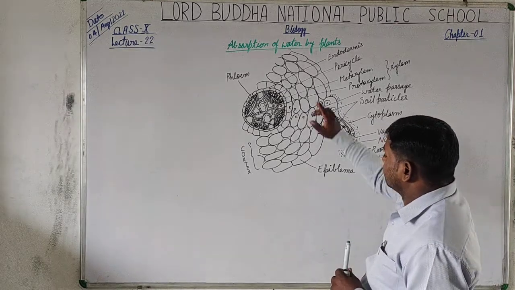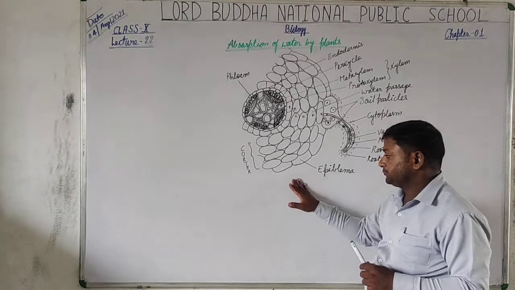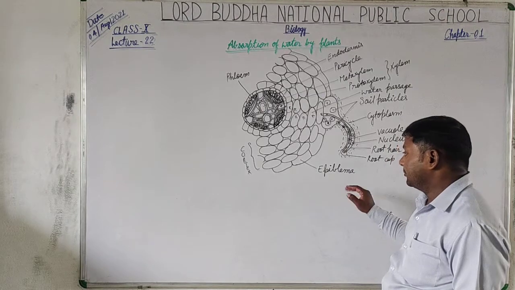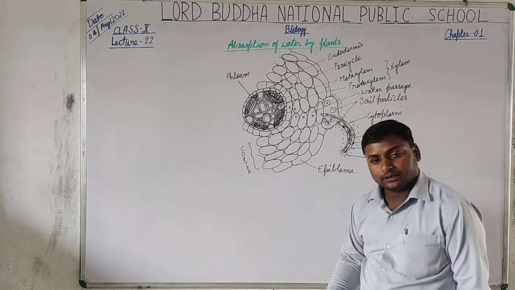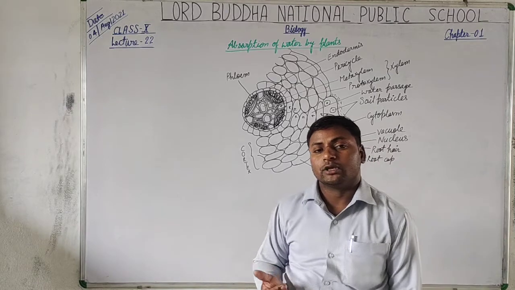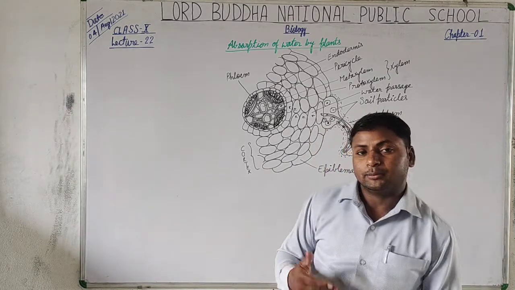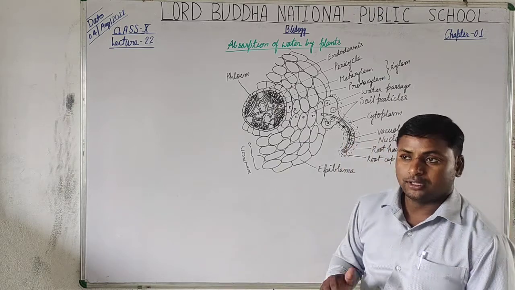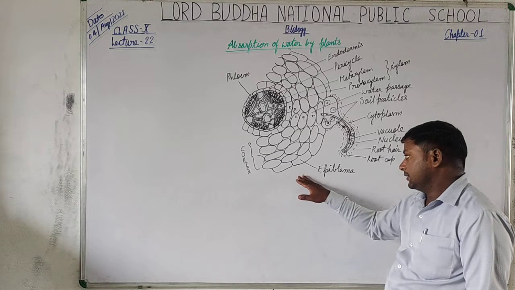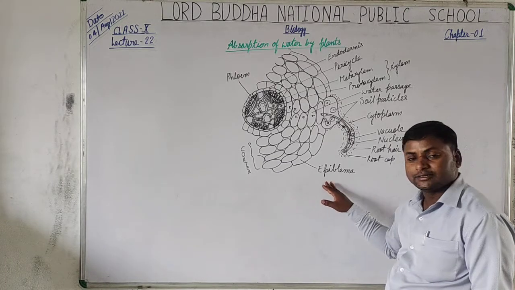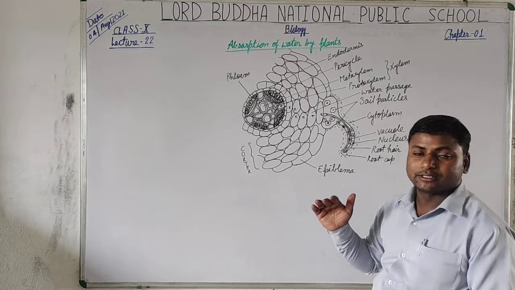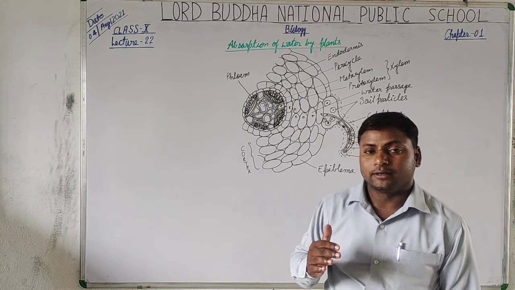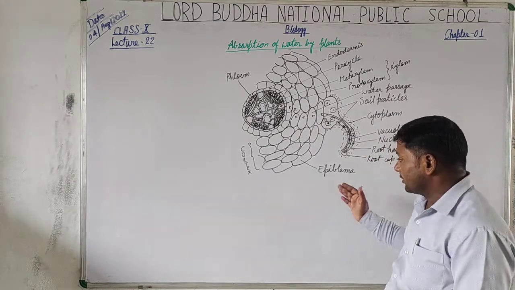Students, this is the outermost surface, called epiblema. In the root, no epidermis or cuticular layer is present. In place of the epidermal layer there is this layer called epiblema. It means epiblema is the outermost layer, like bark, in the roots of the plant.